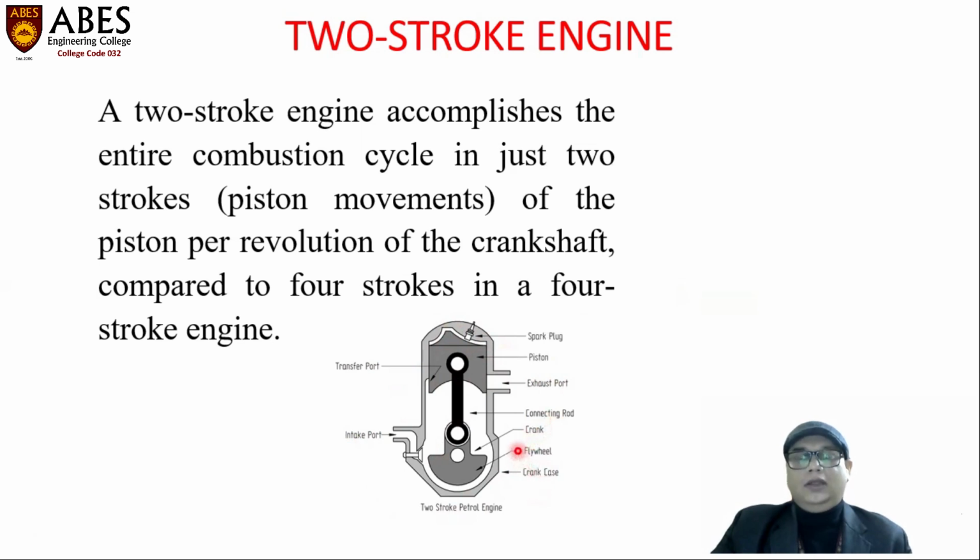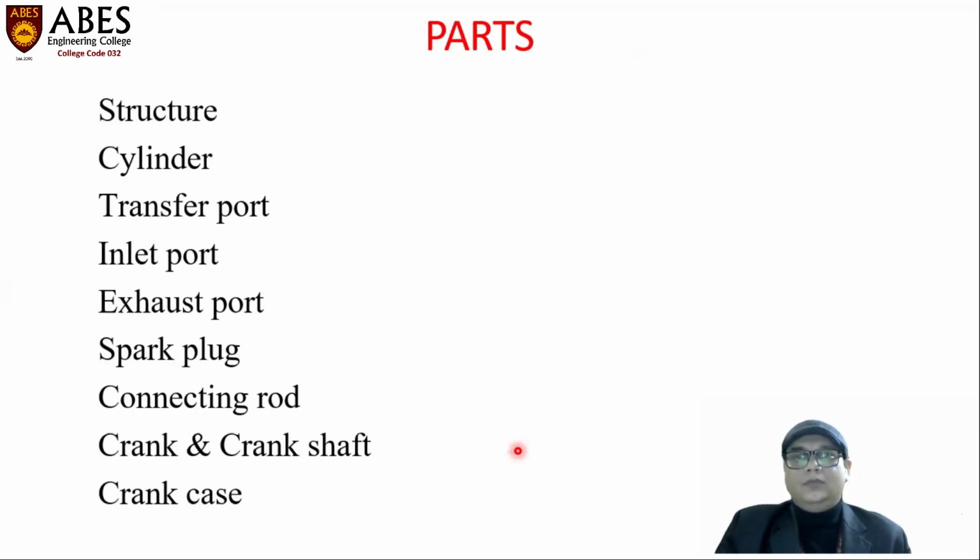So, as far as the parts of the two-stroke engine are concerned, these are the structure: cylinder, transfer port, inlet port, exhaust port, spark plug, connecting rod, crank and crankshaft, and crankcase. Most of the parts are similar to the four-stroke, but the cycles are different.